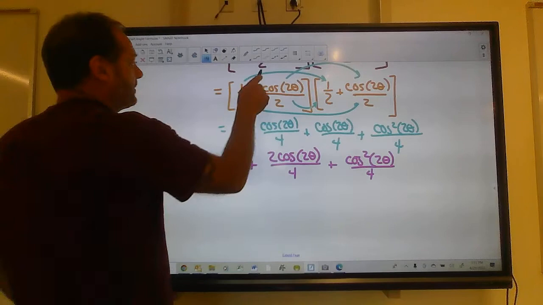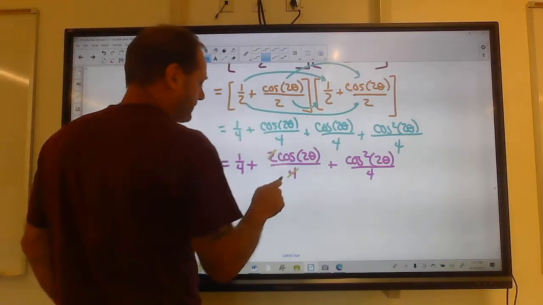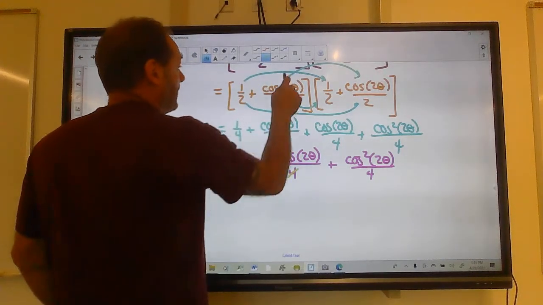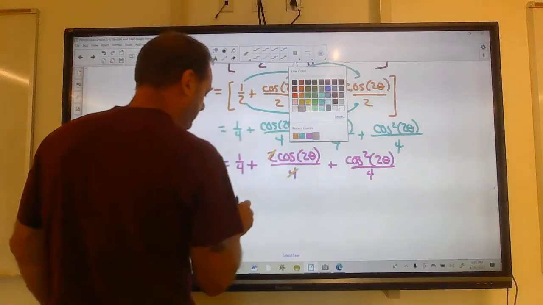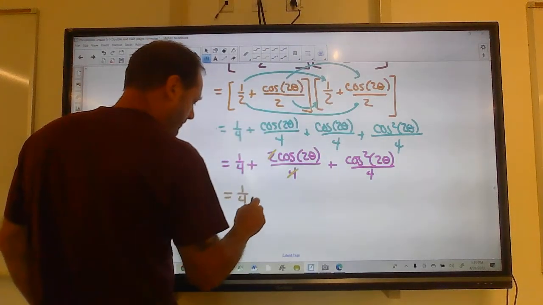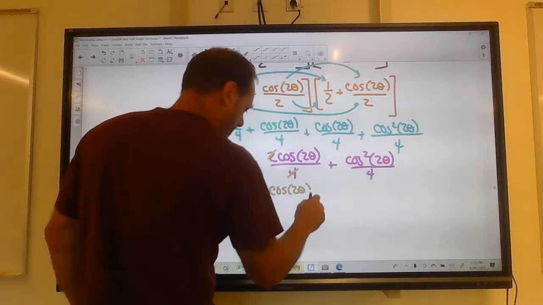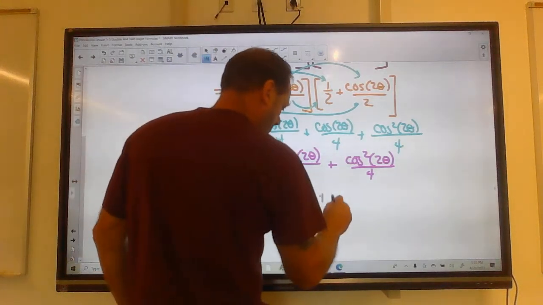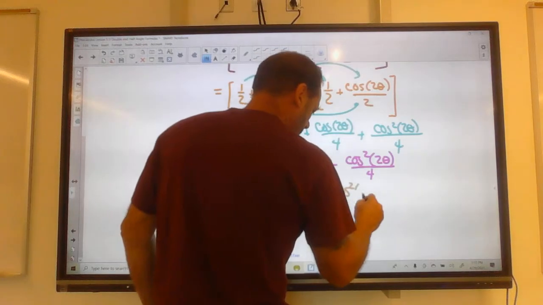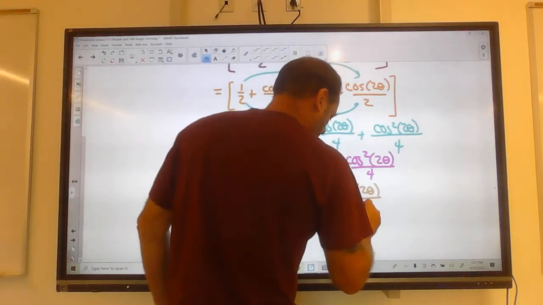And then, of course, that cancels right there, and I end up with 1/4 plus cosine 2 theta over 2 plus cosine squared 2 theta over 4.